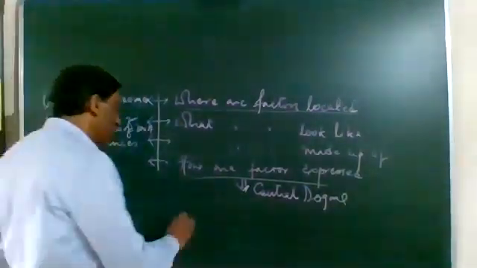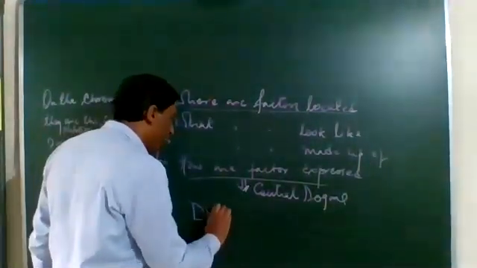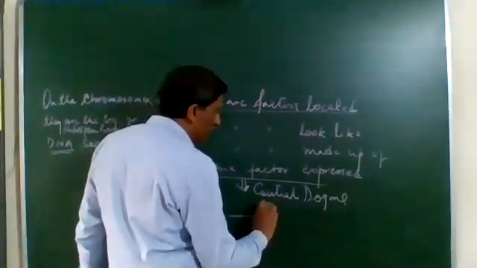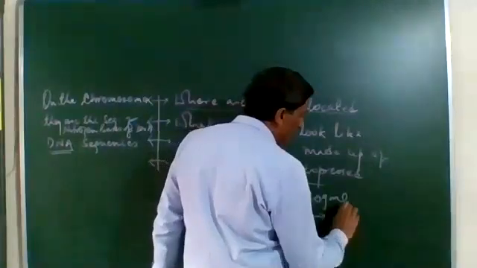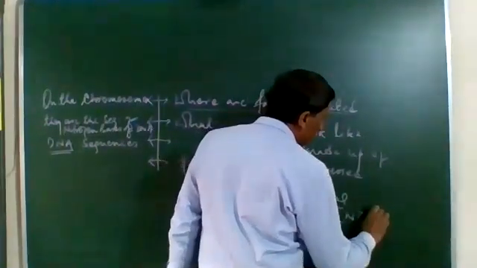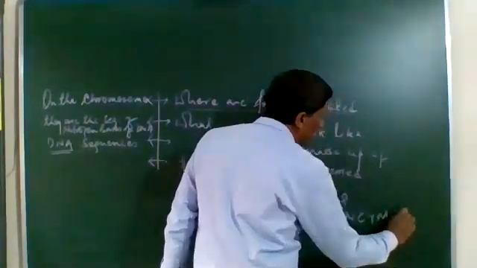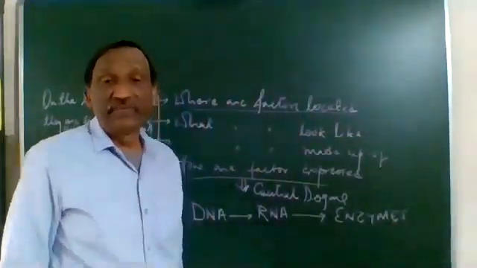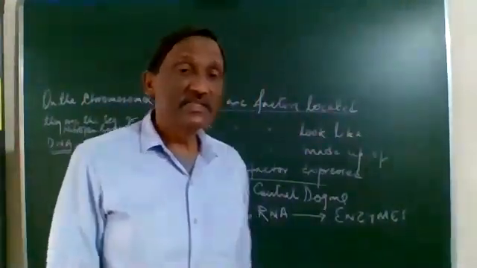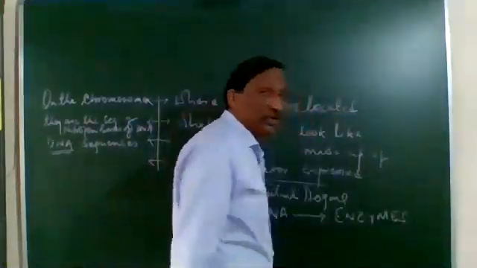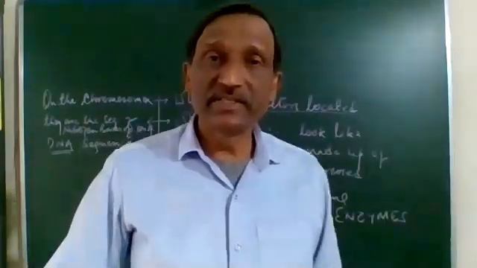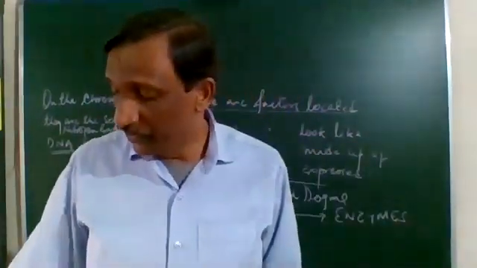So how do they work? DNA makes RNA, and RNA makes enzymes, and enzymes make different types of substances in our body which perform the functions.